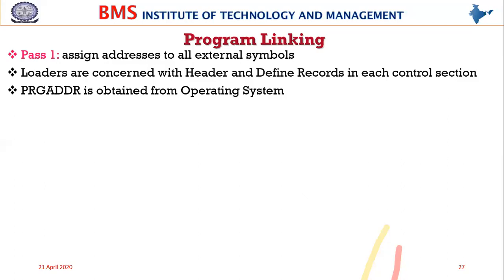It is going to get the load address from the operating system, load the program, and do the reallocation referring to your external symbol table, performing the reallocation relative to the starting address. That's what I mean by the control section address, because all control sections will not be loaded starting from the load address.